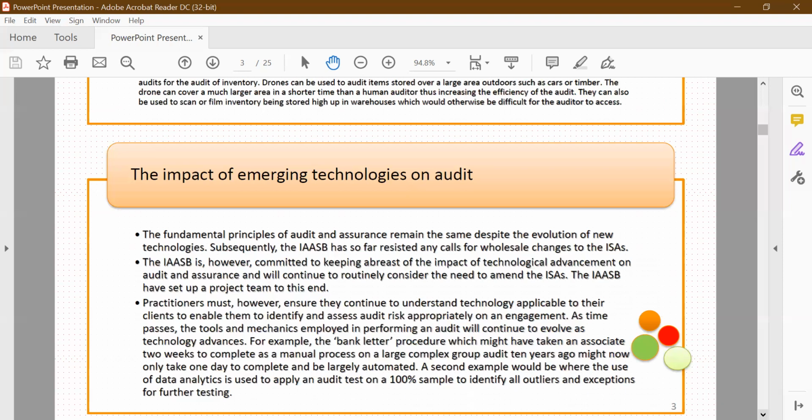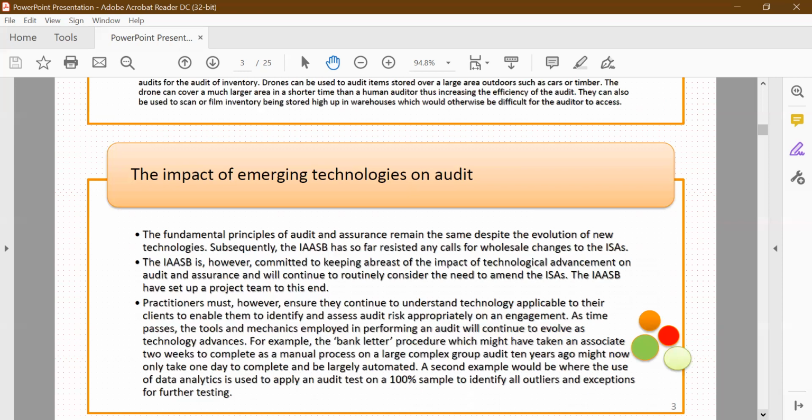And how is it specifically affecting the clients you are auditing? You must, as an auditor, understand the technological issues behind your clients, because that's going to help you to properly lay out the audit plan and the audit strategy.